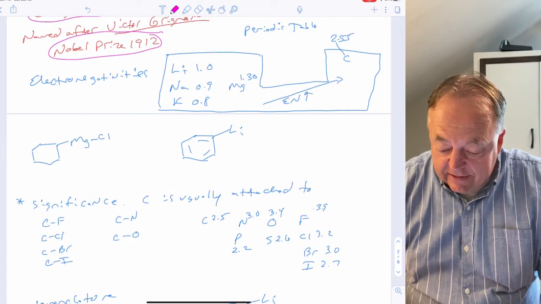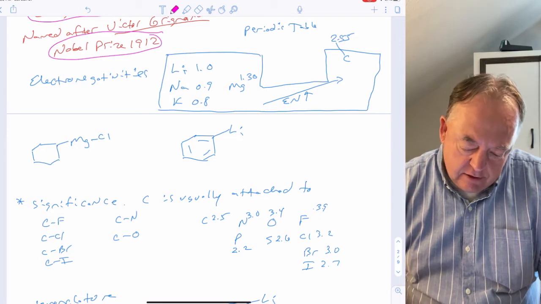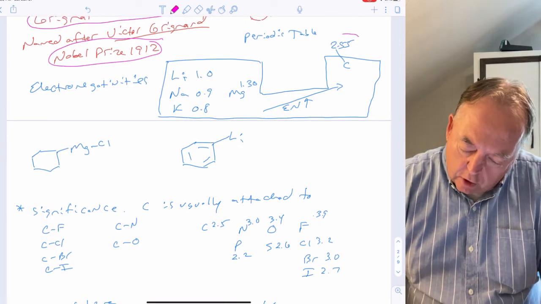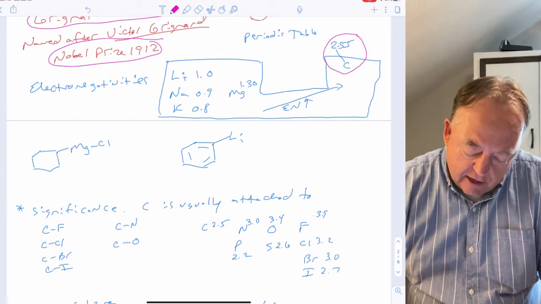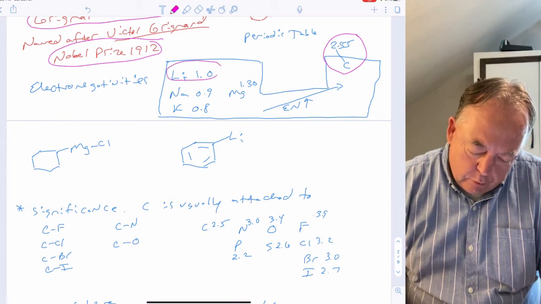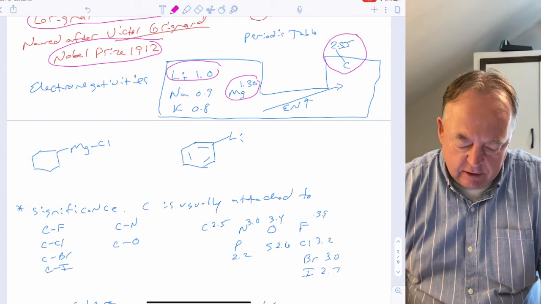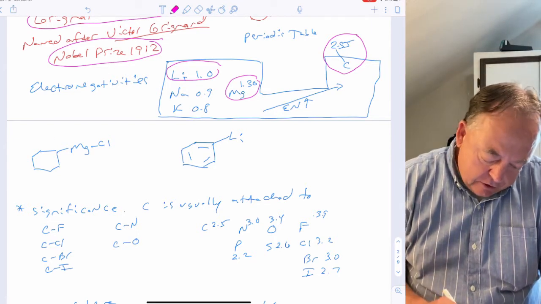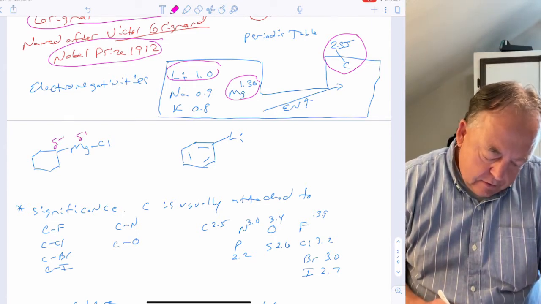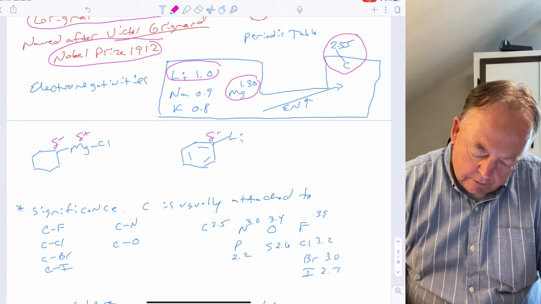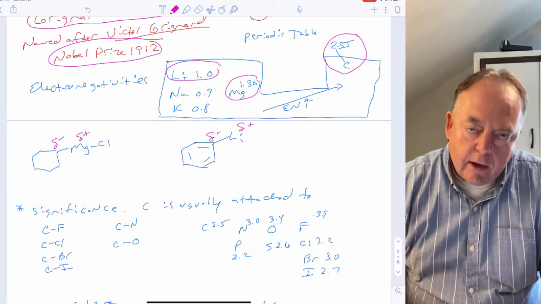Okay, so what is the significance of organometallic reagents? Well, carbon has an electronegativity of 2.5, lithium is 1.0, and magnesium is 1.3, so carbon is more electronegative than lithium and magnesium. That means carbon is partial negative, and magnesium or lithium is positive.